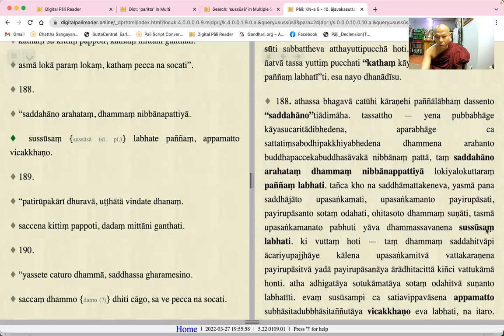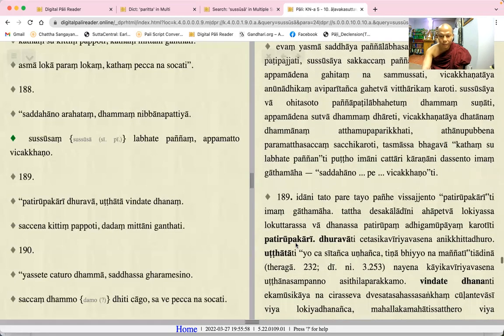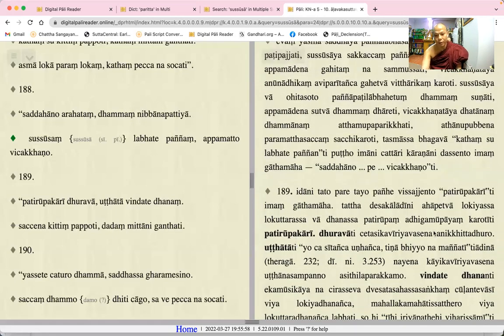Here there are different readings, Susan or Susa or something like that. So different explanations of the same.